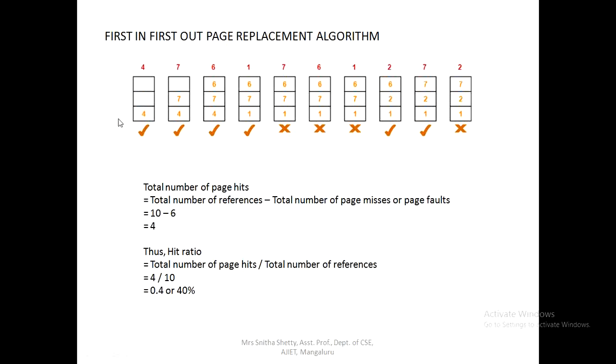Since the data was not there initially, we call it a page miss. So 4 is brought and placed in the f of 0 location.